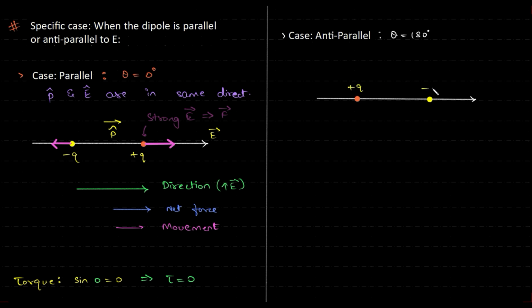So this is positive and this is negative, because the dipole moment is to the left and your electrical field is to the right. It makes it anti-parallel.